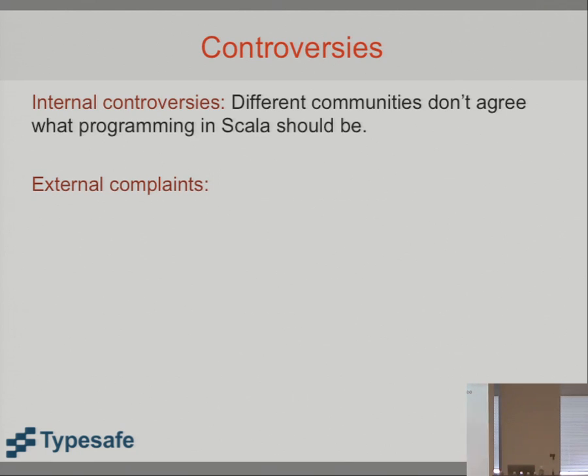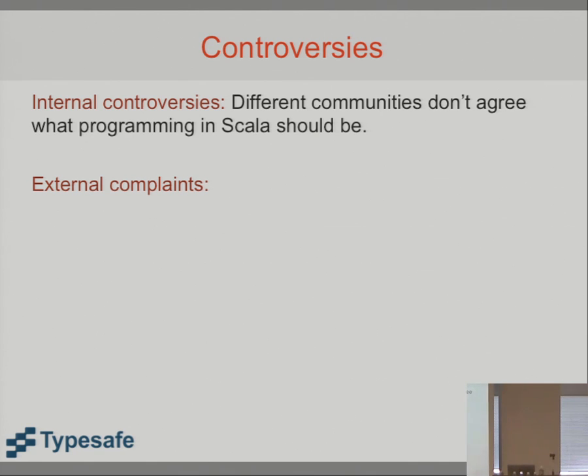Well, the controversies, in fact, are both internal and external. The internal controversies are that often different communities or different people don't really agree on what programming in Scala should be like. Part of the problem is that Scala is very new, like I already said, so a lot of people are feeling their way. The other part is that Scala is a very general language, so it attracts people from very different communities.